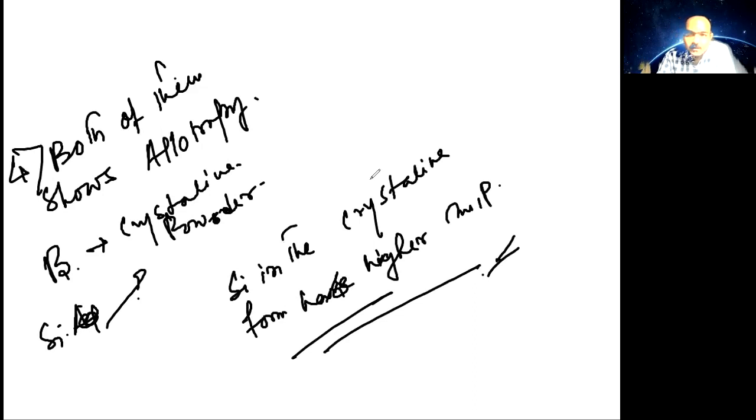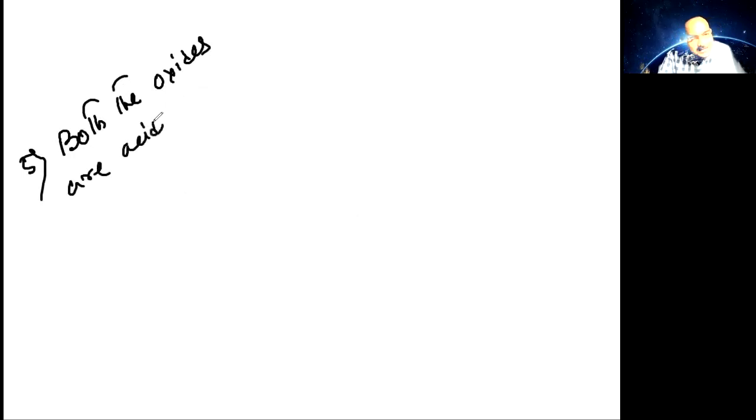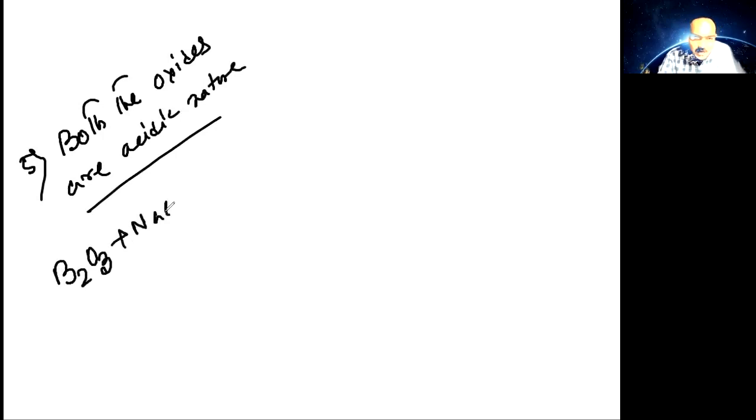Number 5, here you can see both the oxides are acidic in nature. Now you can see B2O3 plus sodium hydroxide will produce NaBO2 plus H2O, sodium metaborate.